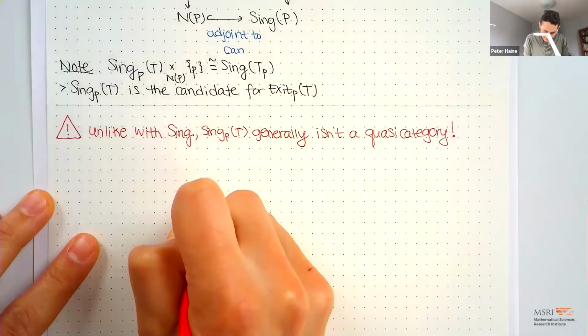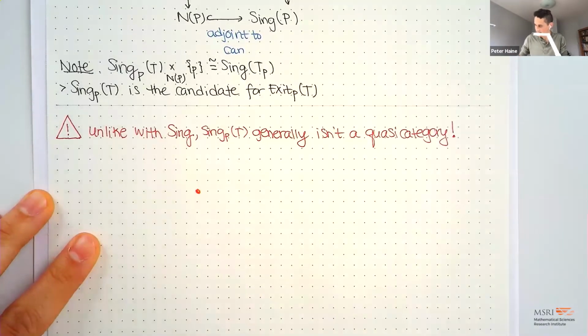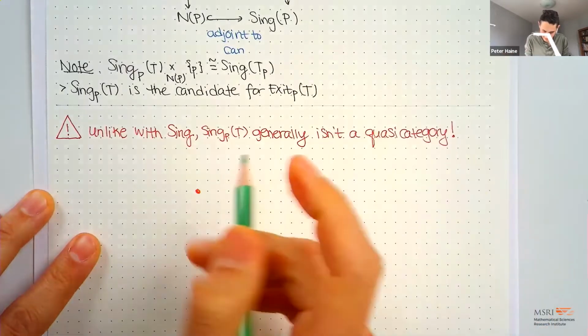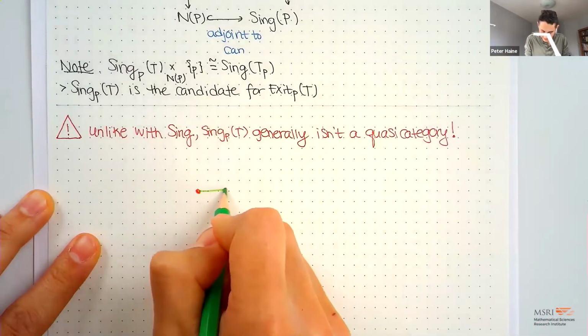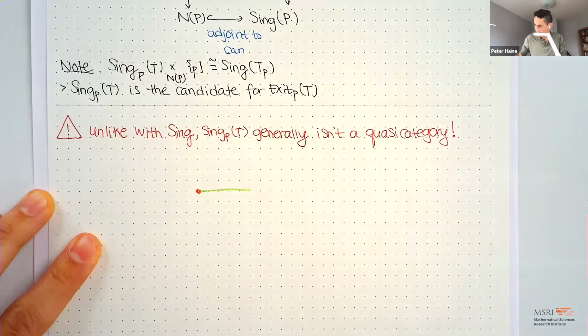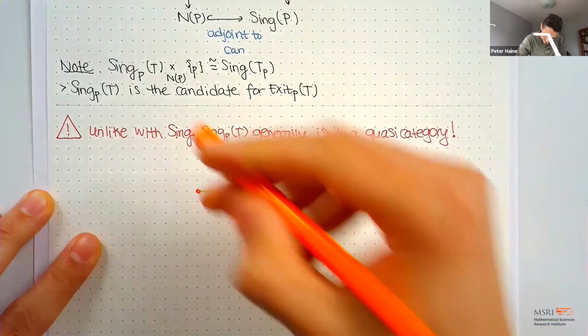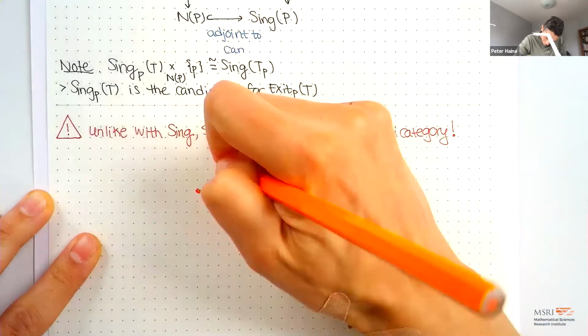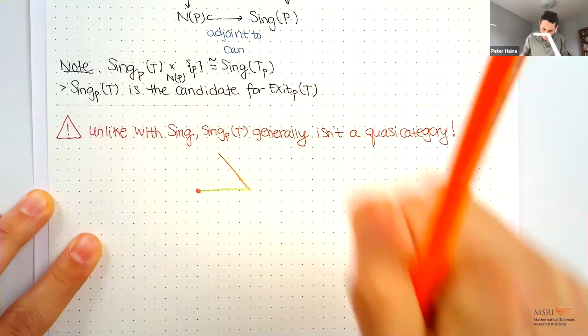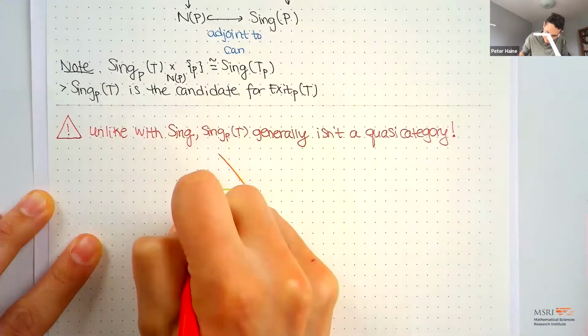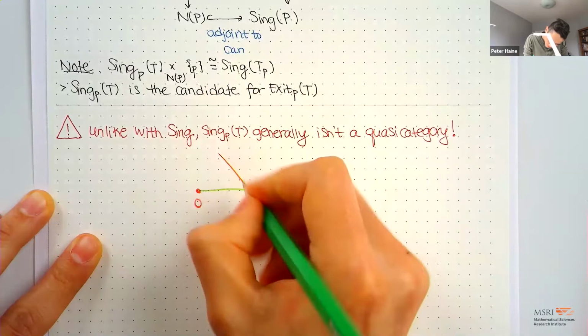So let me try to illustrate this and try to use the same colors I used before. So what was my next color? Oh, orange. So this will be 0, 1.